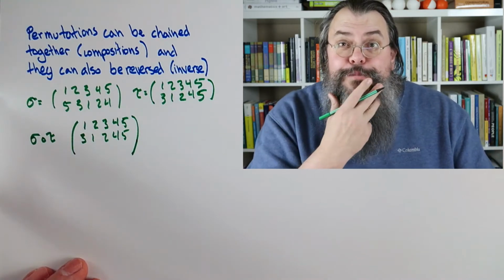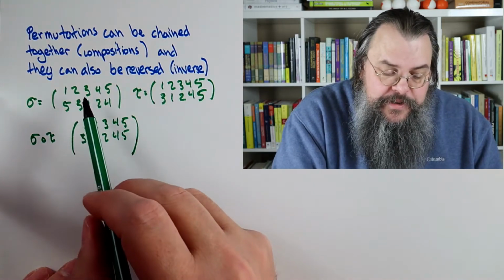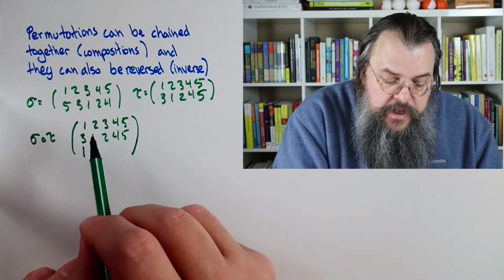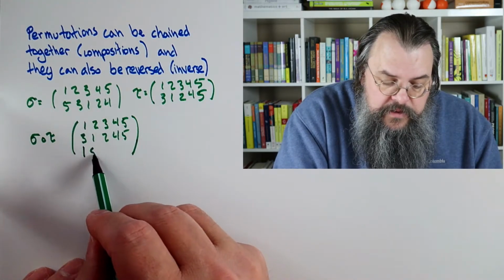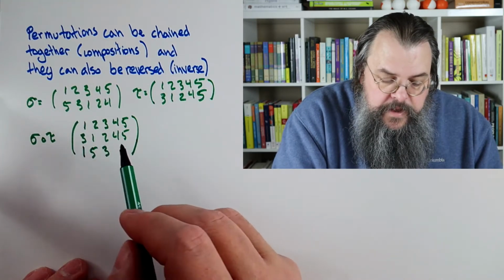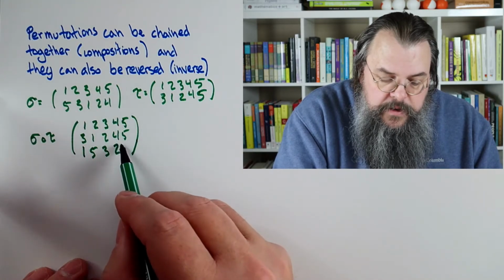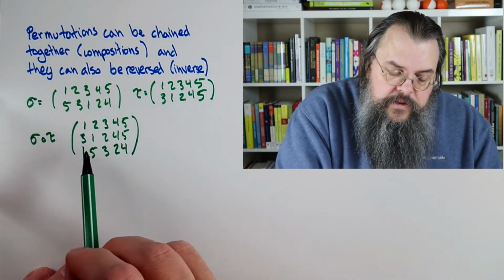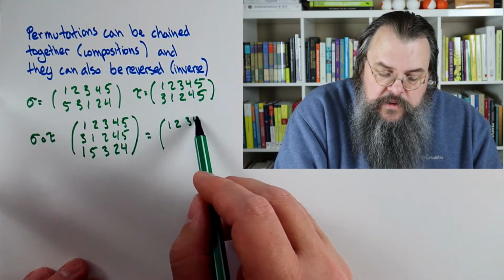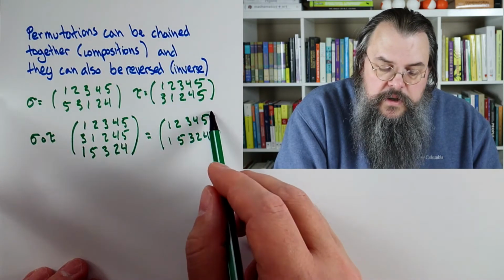It's been permuted. But it's not so hard to see what's going to happen. 3 is going to map to 1, so we put a 1. And 1 maps to 5. 2 maps to 3. And 4 maps to 2. And 5 maps to 4. And there we go. So what's the end result? It's the following: 1, 5, 3, 2, 4.